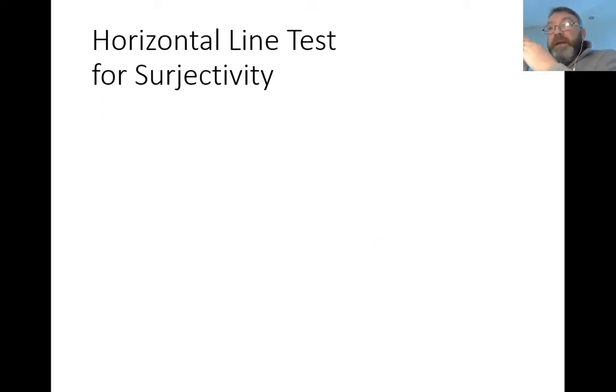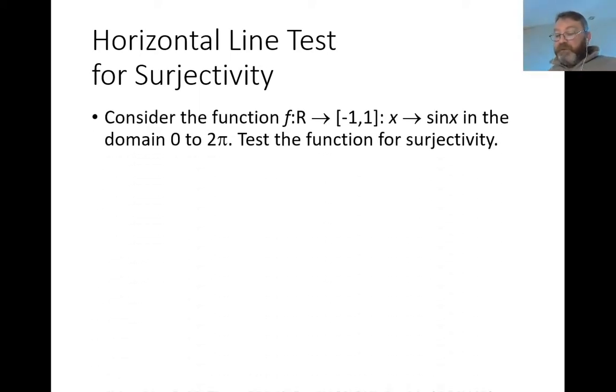Horizontal line test for surjectivity. Very simple. If injectivity is the horizontal line cutting a graph at most once, then surjectivity is a horizontal line that will cut the graph at least once. It may cut it more than once. So consider the function f, which takes every number in your domain, but only to the codomain of -1 and 1.